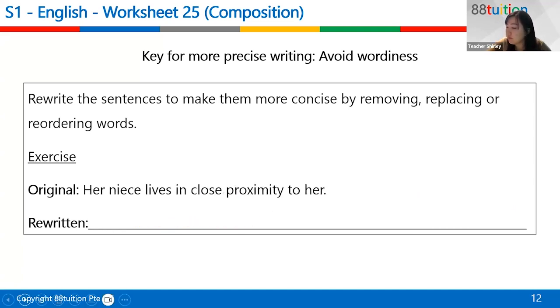Good. Okay, next one. Her niece lives in close proximity to her. I think this is quite similar to one of the examples I've given just now. Her niece lives near her. Okay.